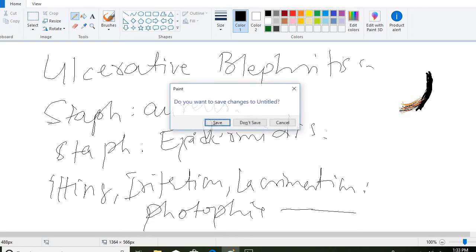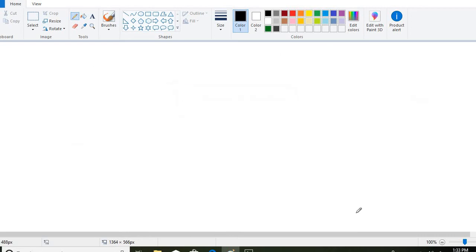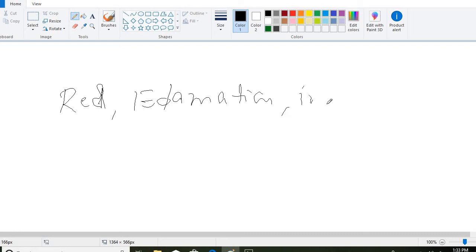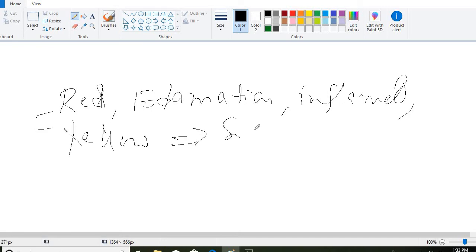Signs: what will be the signs of blepharitis? Eyelid margins are red and edematous. There will be yellow pus on the eyelid with suppurative lesions, a crust, and tiny bleeding ulcers on the eyelid.